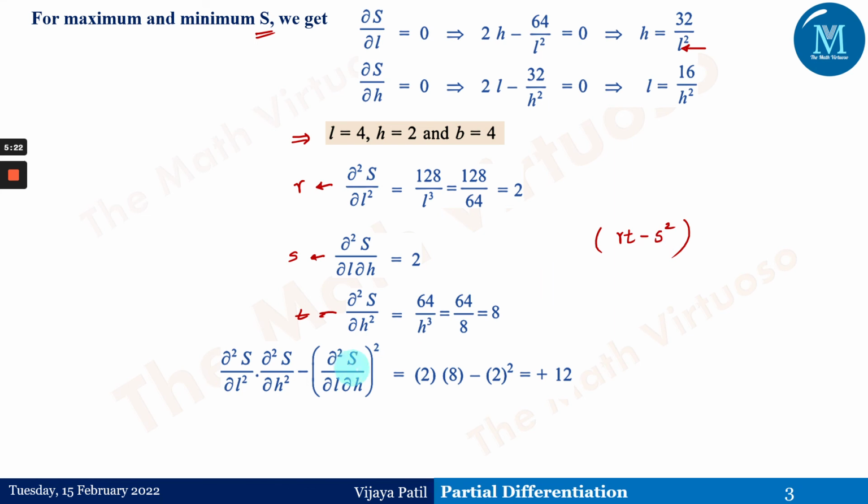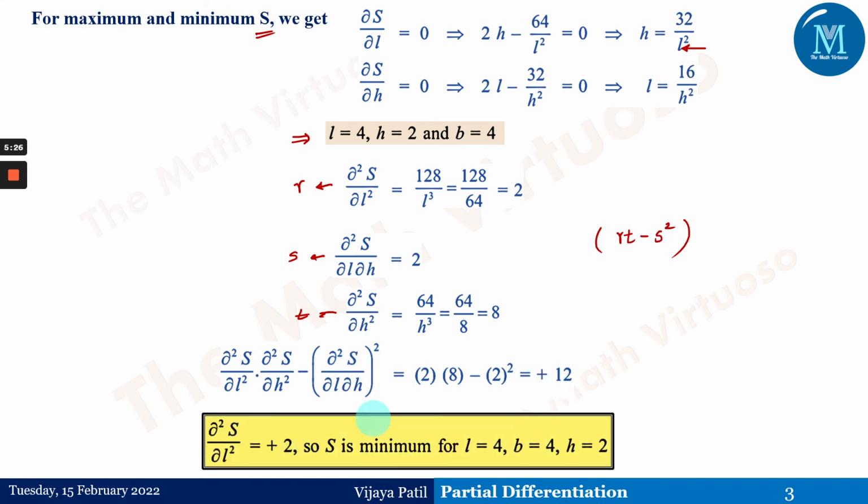We have got this value equal to plus 12. That means it is greater than 0, so a maxima or minima will exist at this particular point, 4, 2 and 4. But we have to check whether it's a maxima or minima.